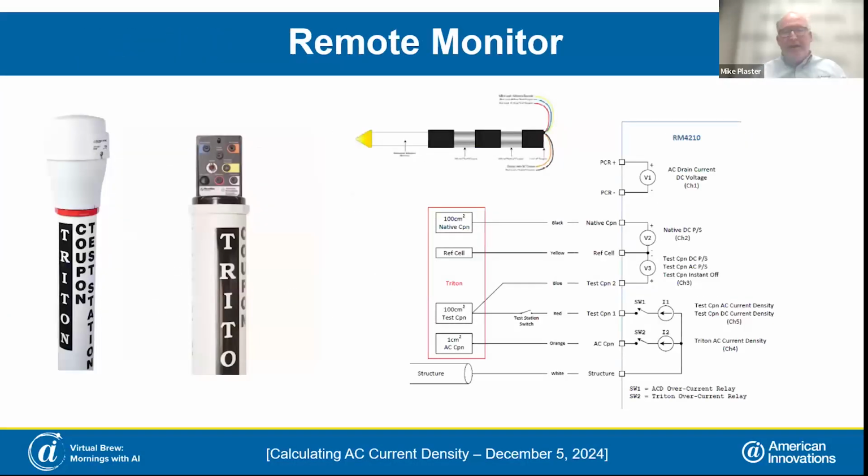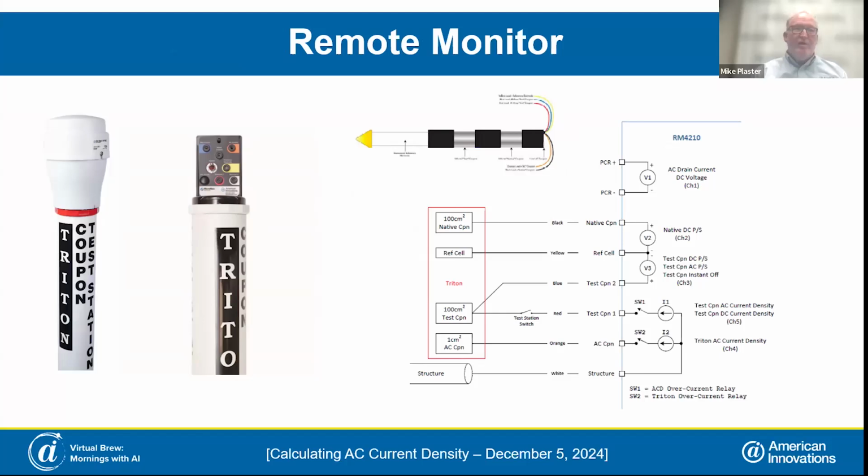So we're going to go ahead and get started by talking about our remote monitors a little bit here. Our RM 4210 is our satellite version of the AC monitor, and our RM 4250 is our cell version of the AC monitor.